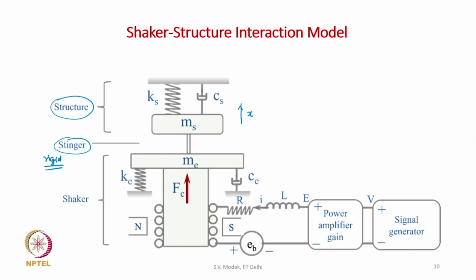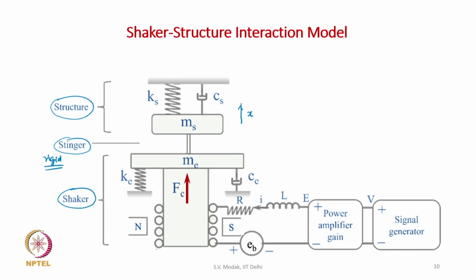And then the shaker is again modeled by a single degree of freedom system, and this is the shaker model here. Here the Ke, Me, Ce are the stiffness, mass and viscous damping coefficient of the shaker. Then we have the coil which is wound around the armature of the shaker.